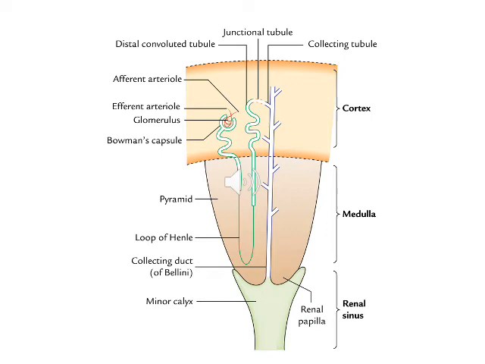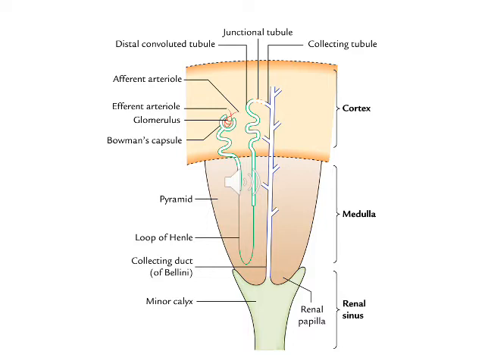Here you can see the cortex is the outermost part of the kidney, and the medulla is the innermost part of the kidney. The functional and structural unit of the kidney is known as the nephron. There are two types of nephrons in the kidney: the cortical nephron and the juxtamedullary nephron.